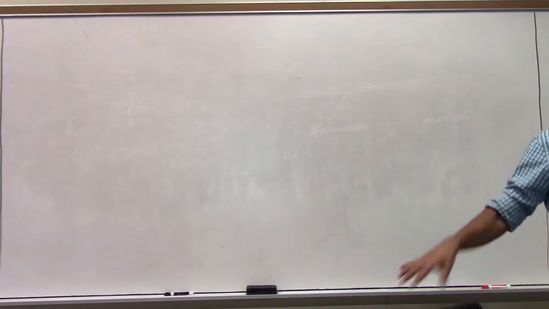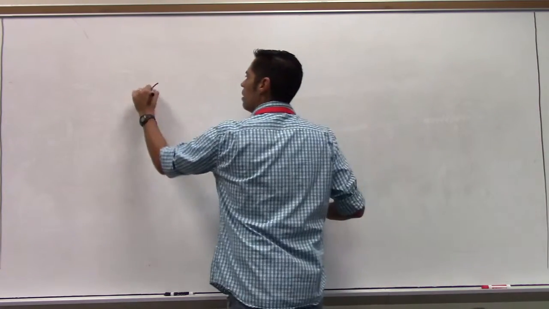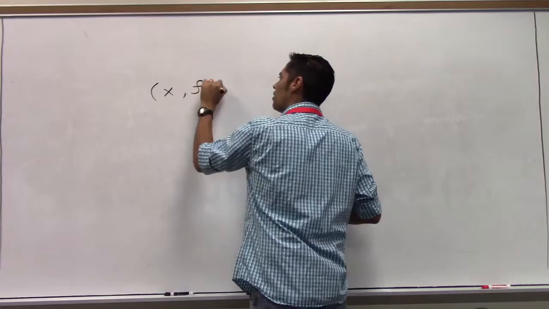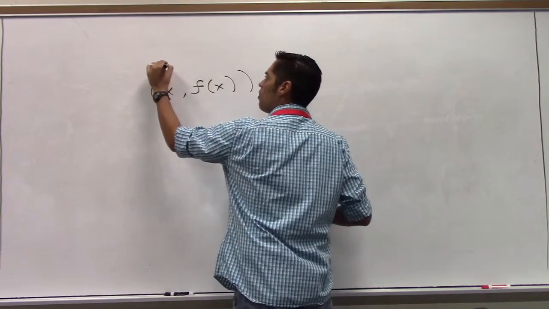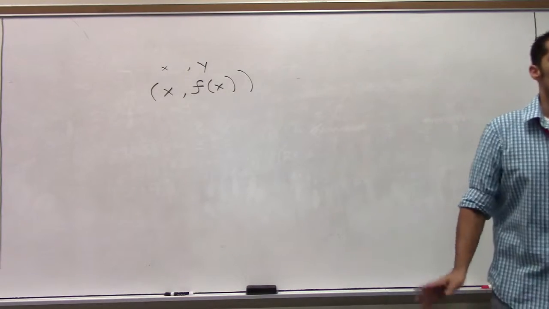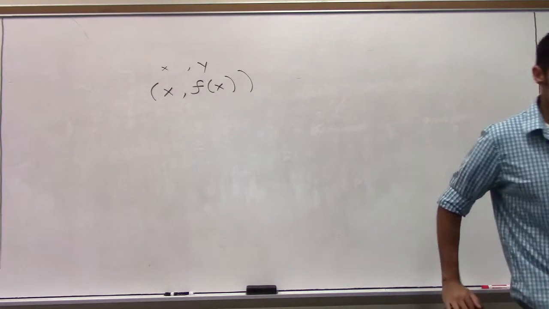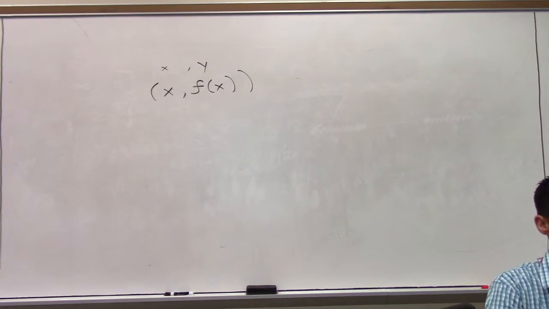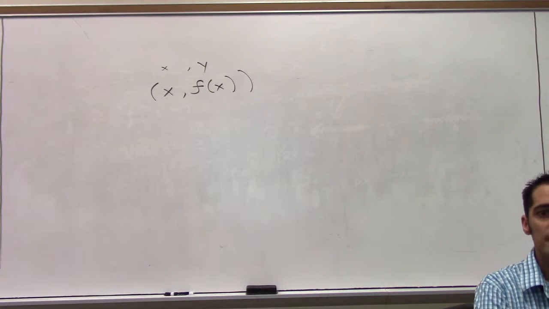I wrote it up there, and I'll write it up here also: x, f of x. This is an x coordinate, this is a y coordinate. If I were to change this x, the height would be different, depending on where it is. But at some arbitrary value of x, the height of it is f of x.